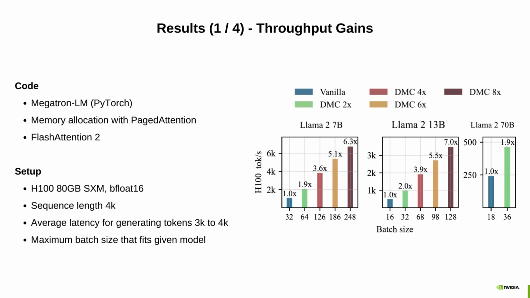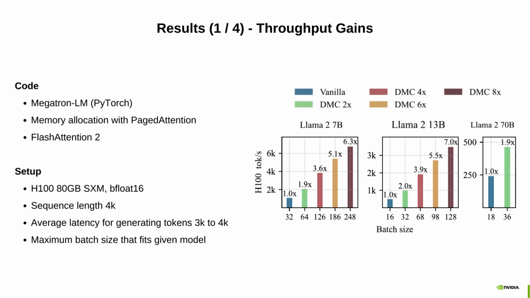Let me now discuss the results of DMC. We performed throughput benchmarks across 3 model scales, 7B, 13B, and 70B parameters. Our implementation is based on the state-of-the-art library for training LLMs, Megatron LM from NVIDIA.